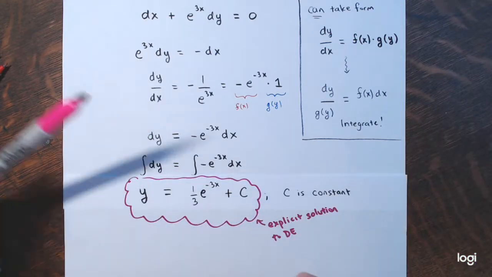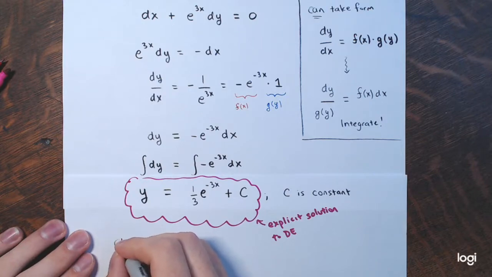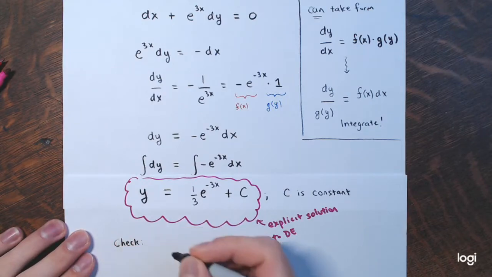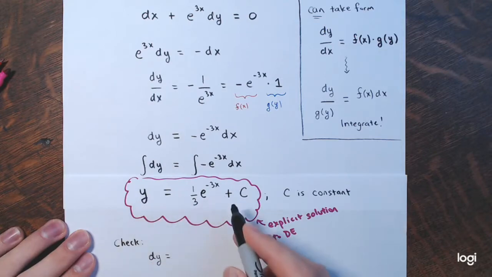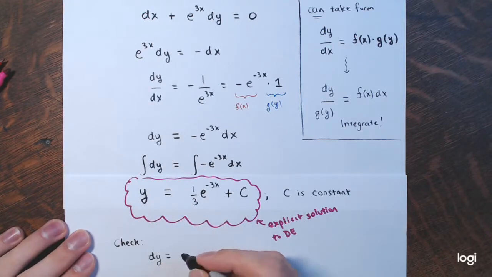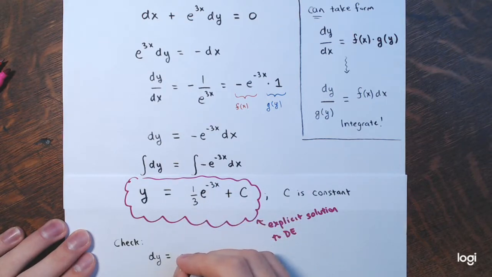Now, if you want to test that, right, let's check it. Well, I could take this here and say, hey, what's the differential of y? Basically, take the total differential of both sides. The differential of y equals, this would be negative e to the negative 3x times dx, right, and then plus 0.